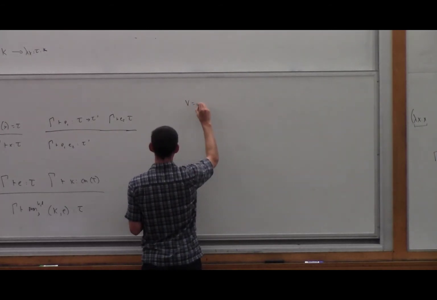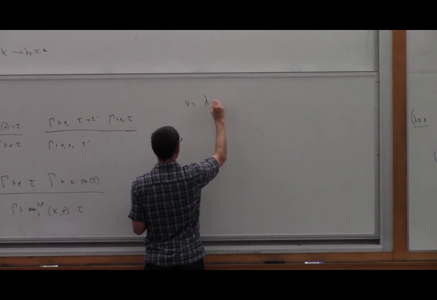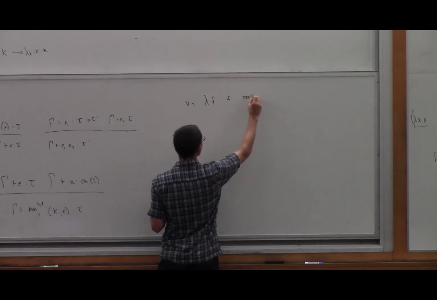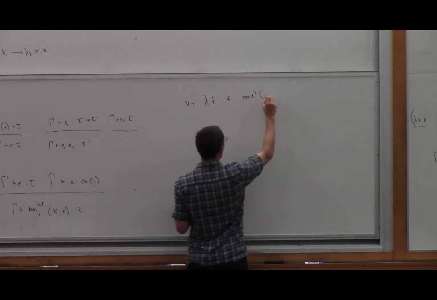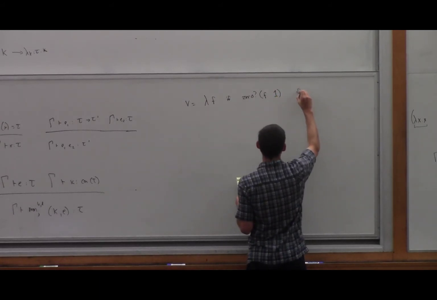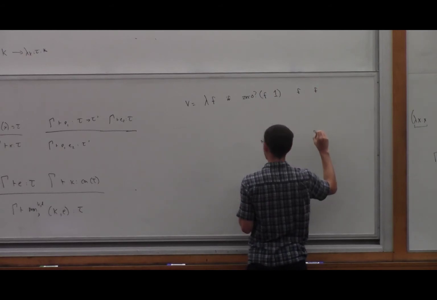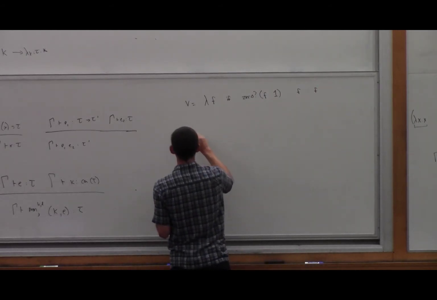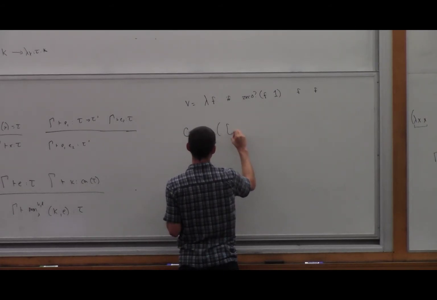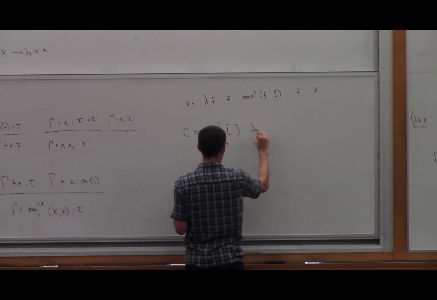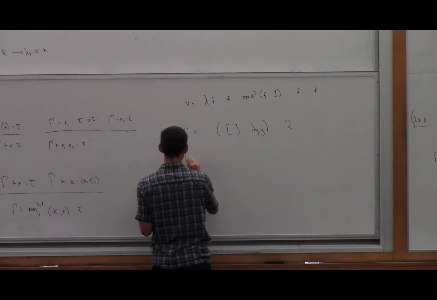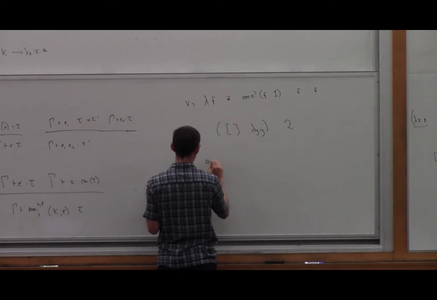Got a value which is lambda f, a context, and a contract.